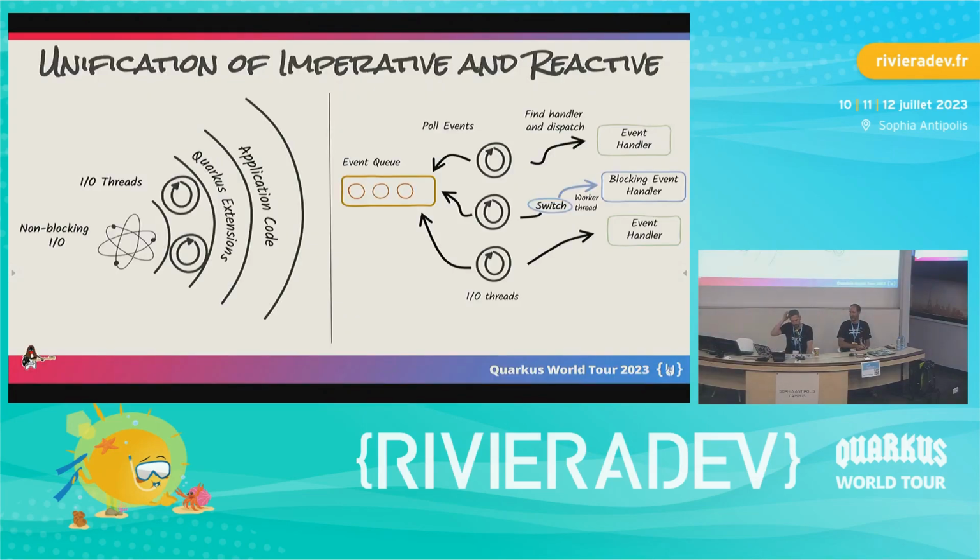Okay, and then one more thing about Quarkus. The traditional way of developing is imperative, where you have a statement, it's going to evaluate that statement and block the I/O as it's evaluating, and then move on to the next one. That's our traditional way of working, which is the easiest way, in my opinion.